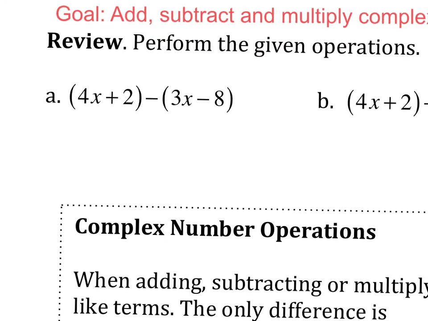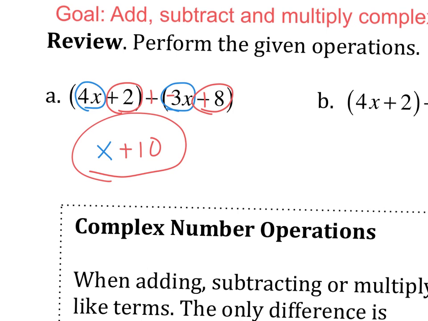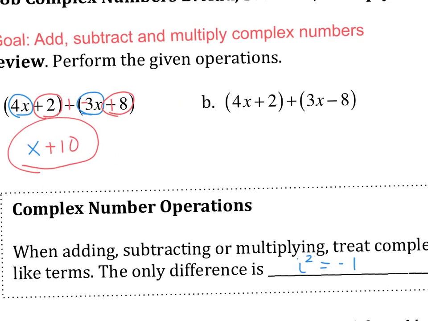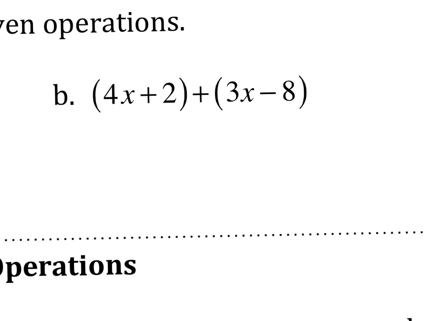By way of review, the first thing I needed to do is distribute that negative across, and then combine my like terms. 4x minus 3x is simply 1x, and positive 2 plus 8 is 10. So this simplifies to x plus 10. Here, there is nothing to distribute except a positive, but that doesn't change anything. So I get 7x when I combine like terms, and negative 6.